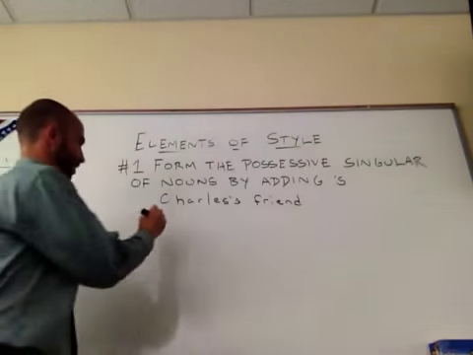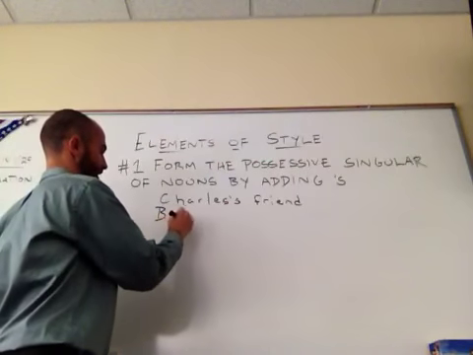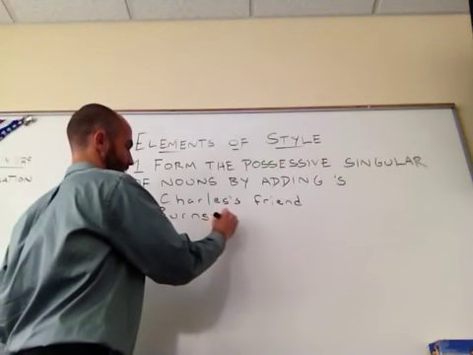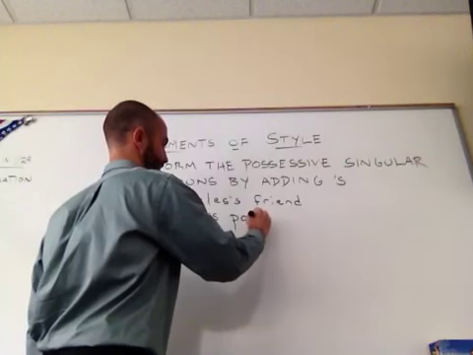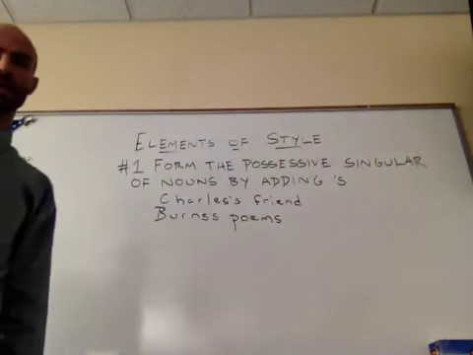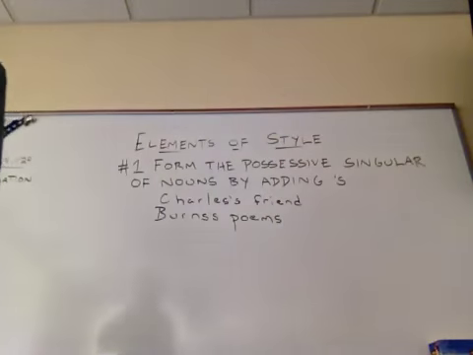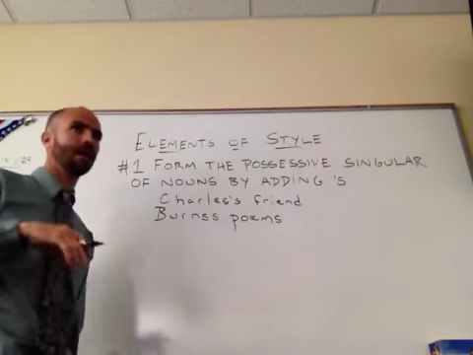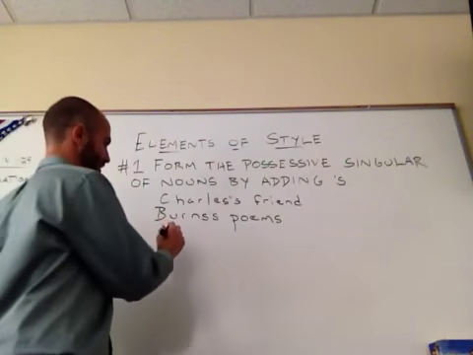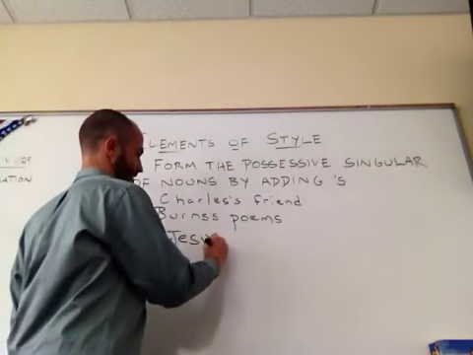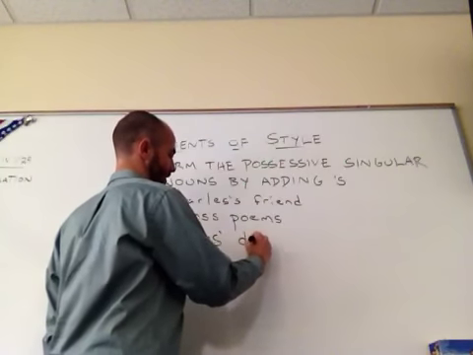If we want to consider another one, Burns is a common last name. Burns' poems. However you want to say it, it needs to be written like you see up there. There are exceptions to this rule, but usually they have to do with ancient figures. So when we write about Jesus' disciples, it should be only the apostrophe.